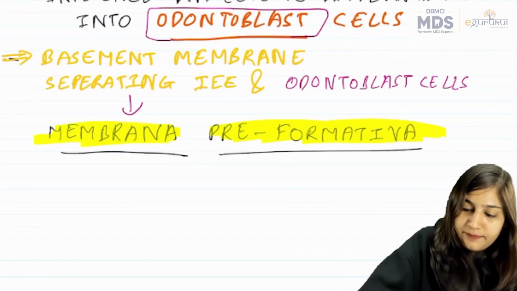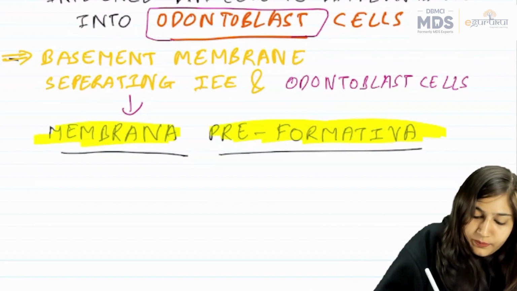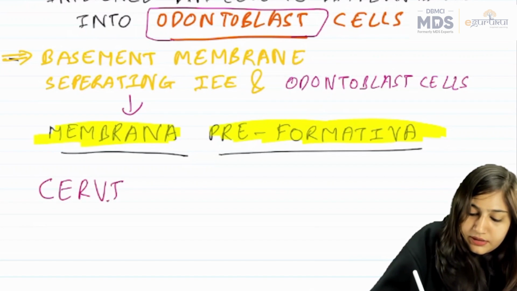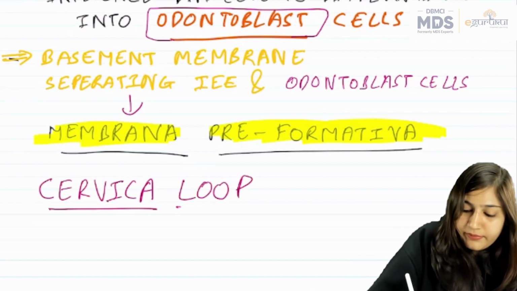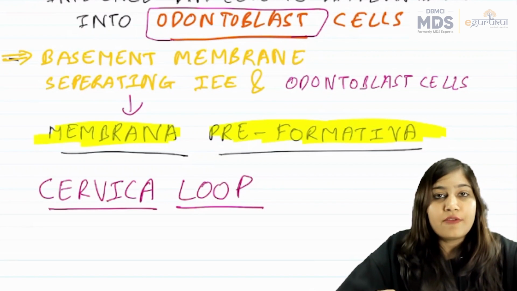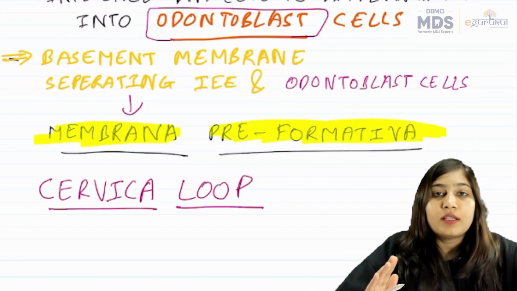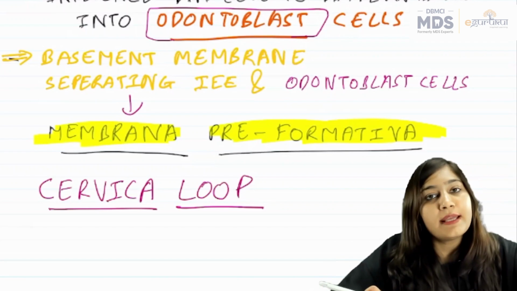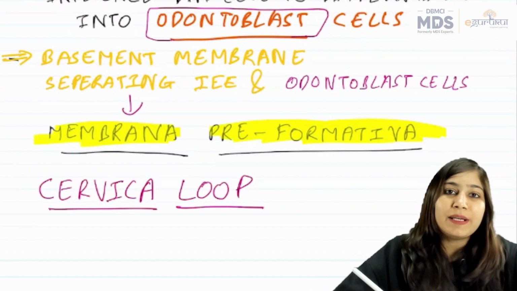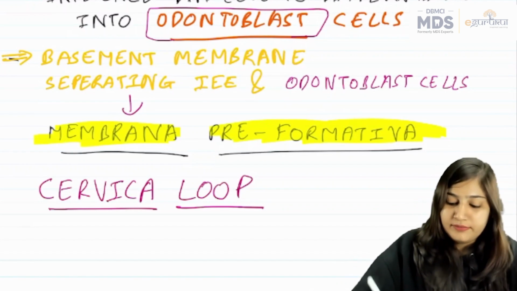Now coming to the cervical loop. Cervical loop is the terminal portion of the enamel organ where only inner enamel epithelium and outer enamel epithelium will be present.